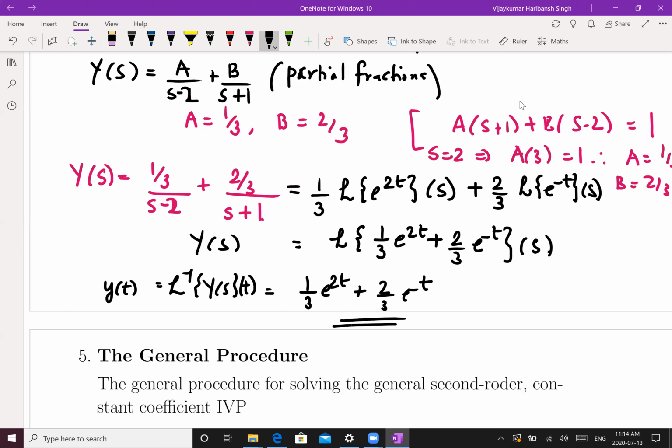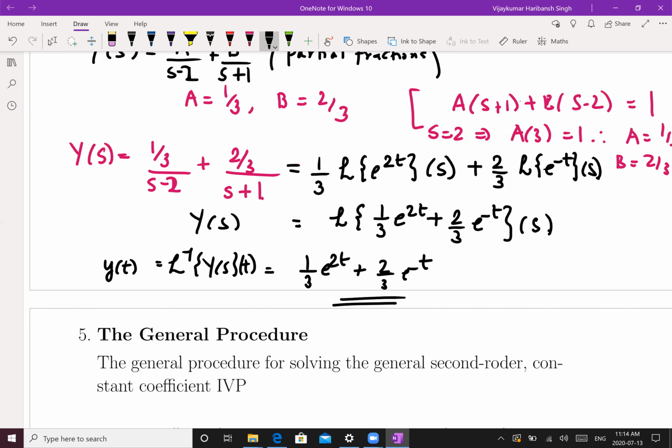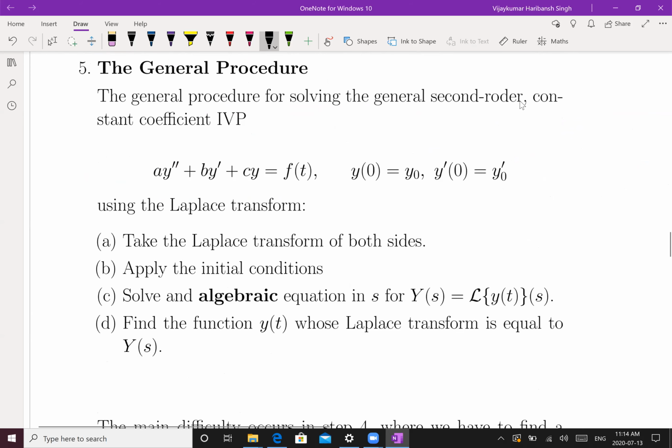All right. So now let's think how we would have a general procedure of this form. The general procedure is the following. Suppose you're given a second order constant coefficient linear differential equation, and you're given y of 0 is y naught and y prime of 0 is y prime naught.